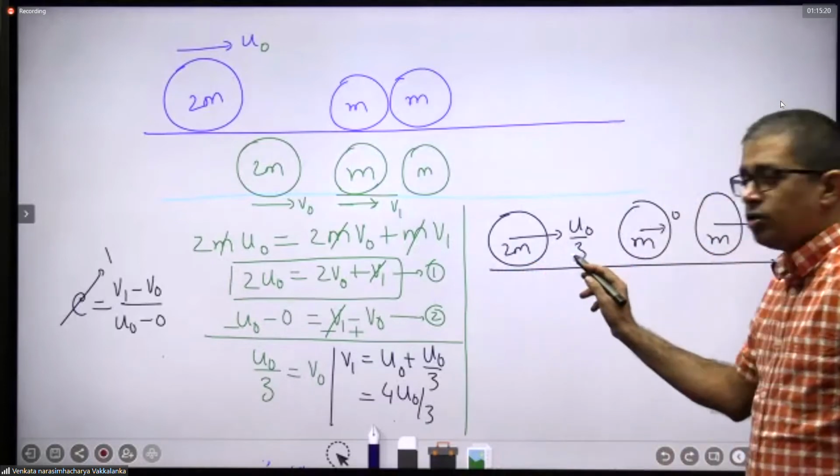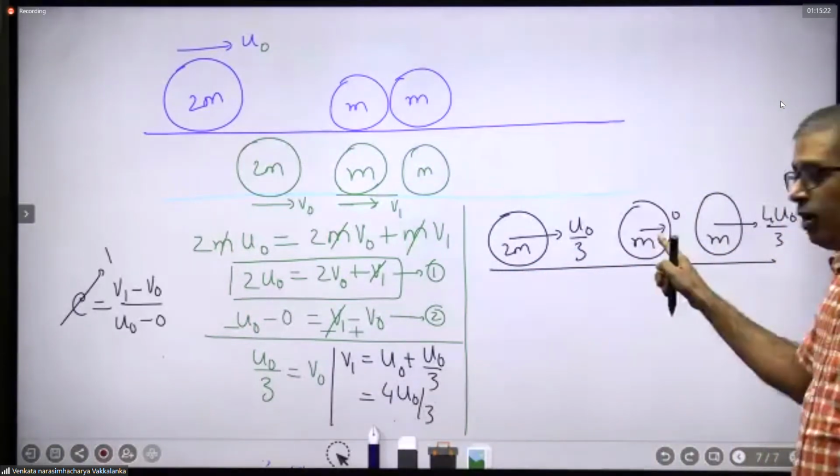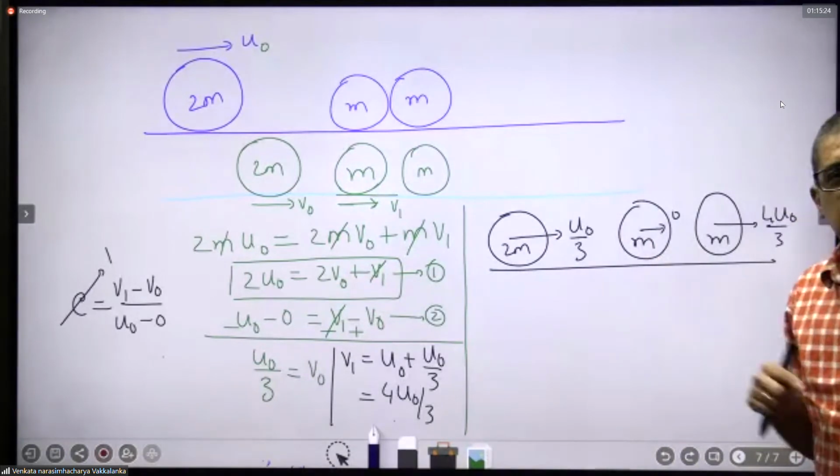Now, this is moving with a velocity u by 3. This is at rest. Don't you think they will collide again?